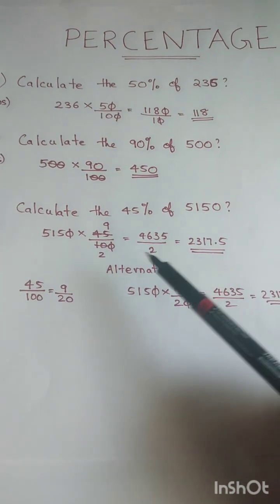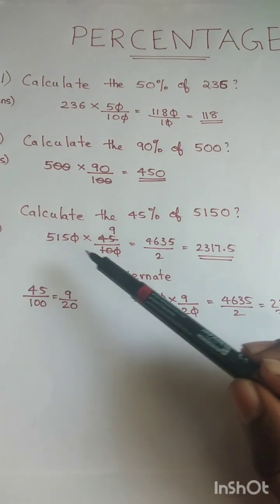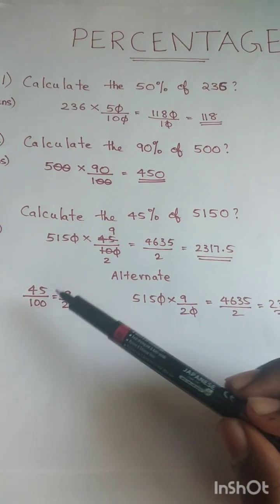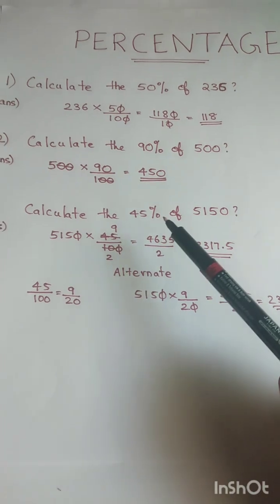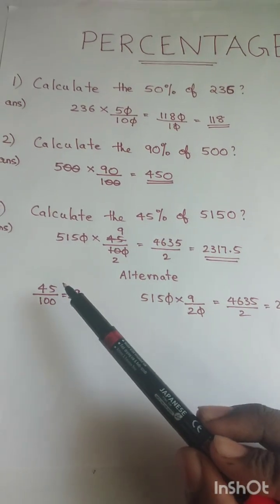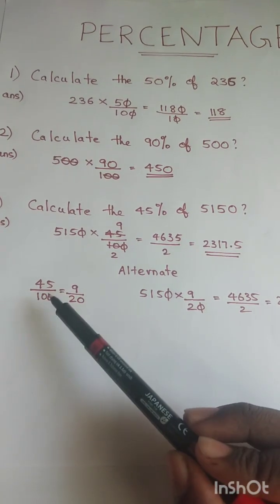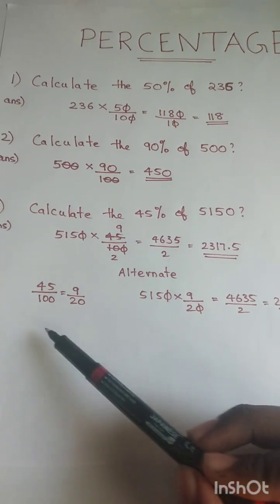So there is an easy alternate for this question. Instead of writing it in this format, we can also write it in this format, 45%. For removing the percentage, we want to divide 45 by 100. There is a common multiple 5 present in these two numbers.